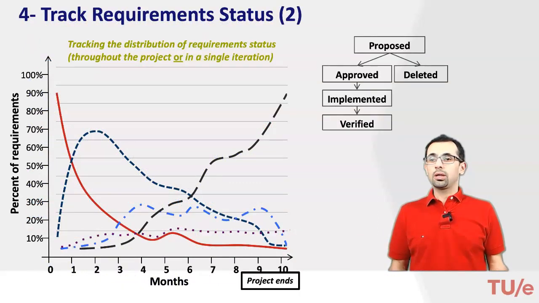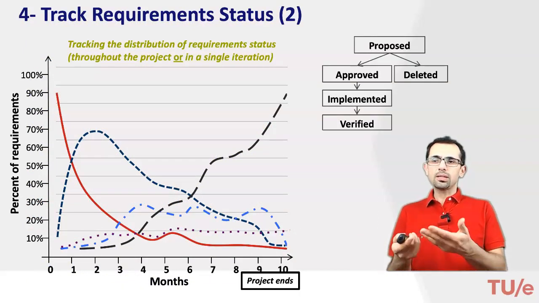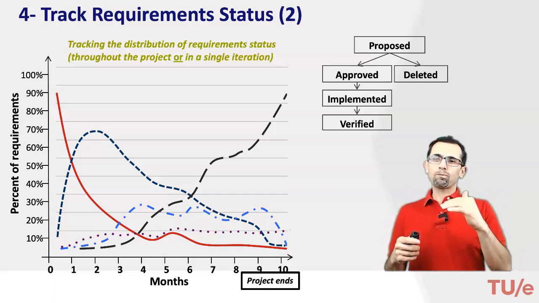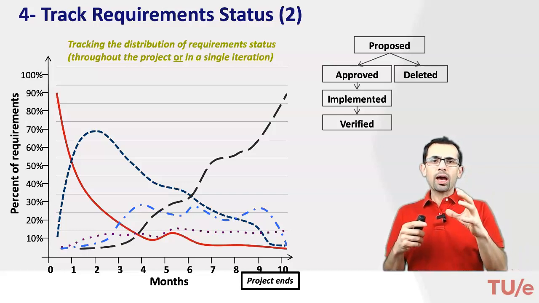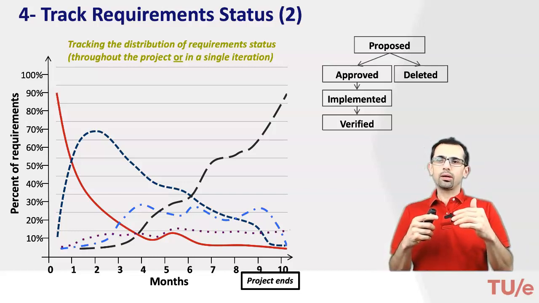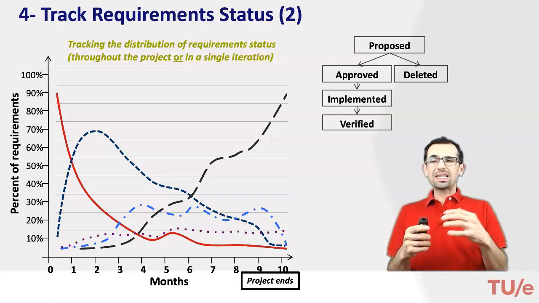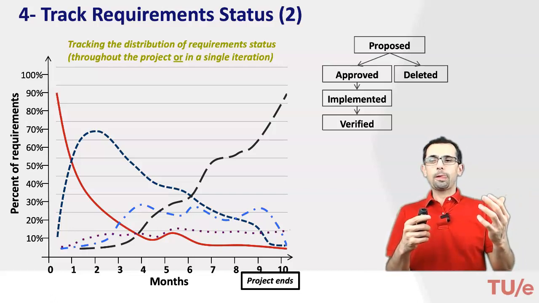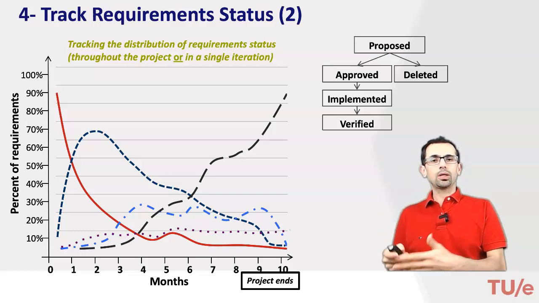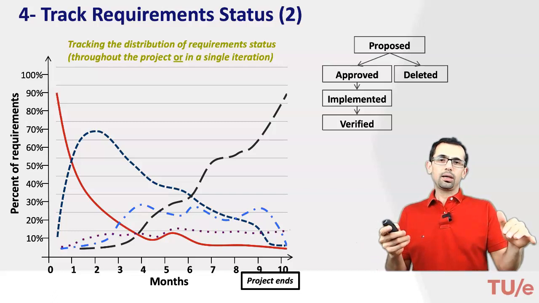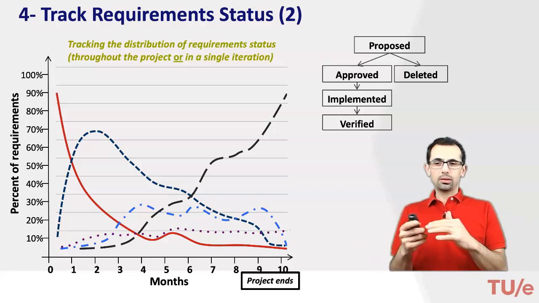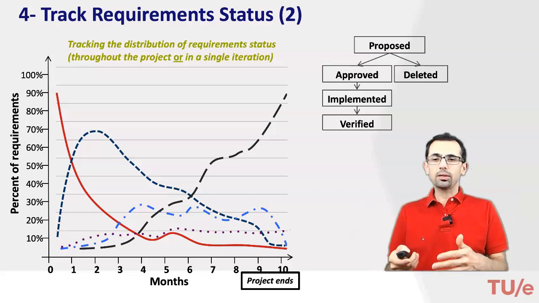Speaking of which, this is a graph that shows a typical graph that you would see throughout a project, or in a single iteration of a project. On this side we have the percentage, the number of requirements, and on the x-axis, the horizontal axis, we have the time in months in this case, but it can be anything.